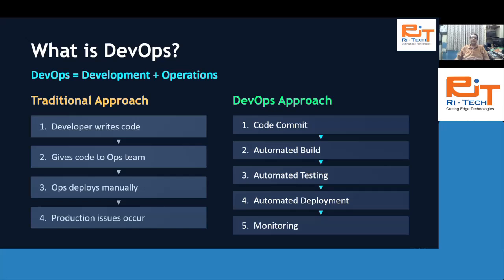If the build fails, the developer needs to look into it, see what is wrong, and correct it. But if the build is successful, then it will be given to automated testing. You can also do manual testing, and then automated deployment. Once testing is finished, it will automatically deploy it.